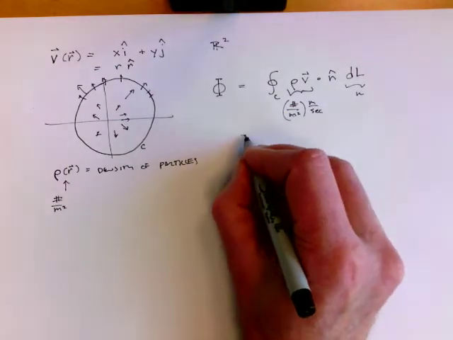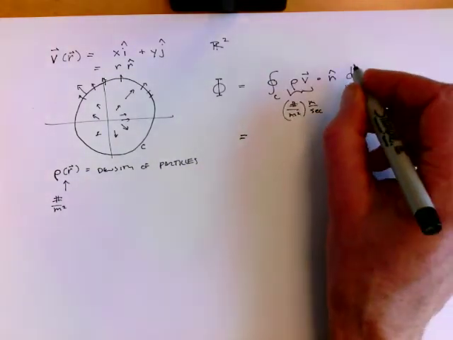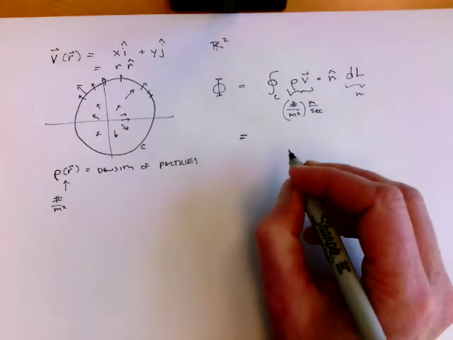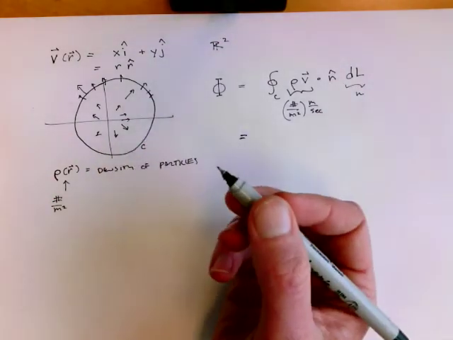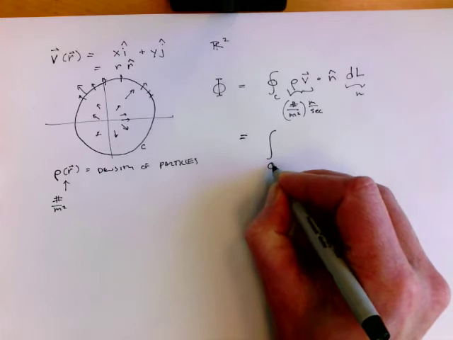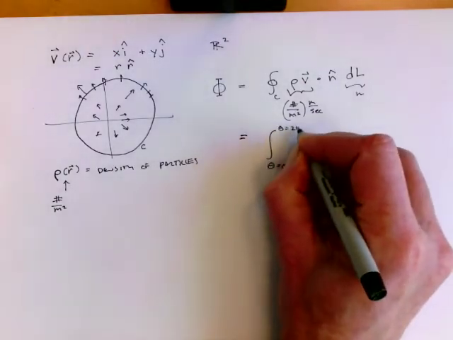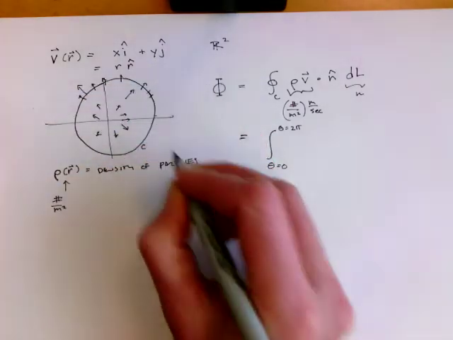So let's now go and actually do this a little bit more carefully in a coordinate system. This is my coordinate-free version of the integral. This pretty clearly is a case that calls for me to work in the polar coordinate system. So I'm going to integrate from theta equals 0 to theta equals 2 pi, so I'm going to go once around this circle.